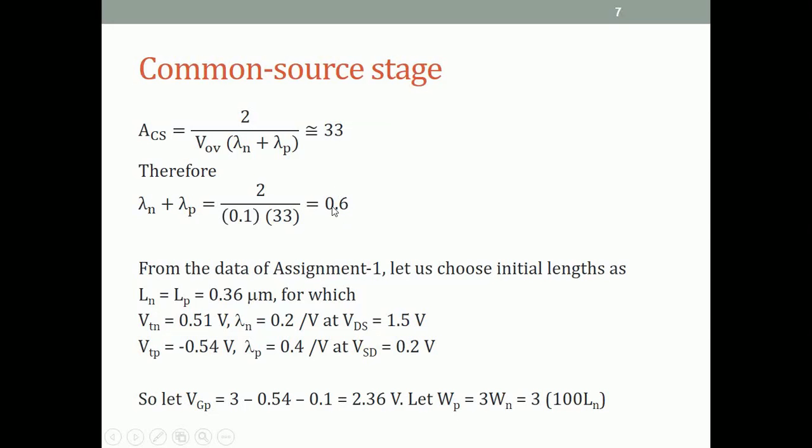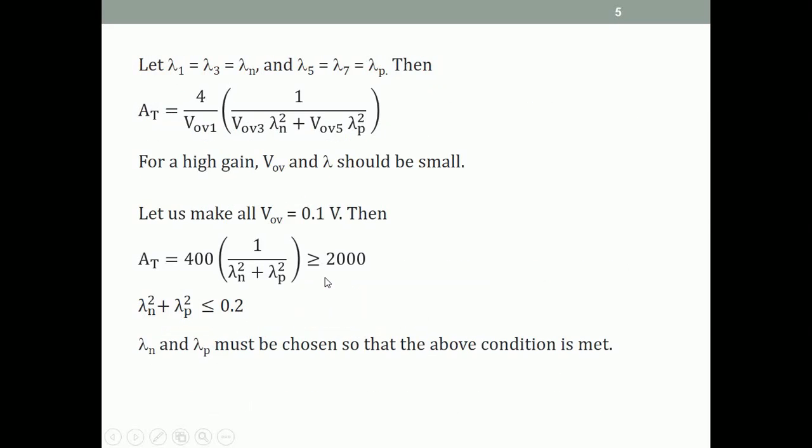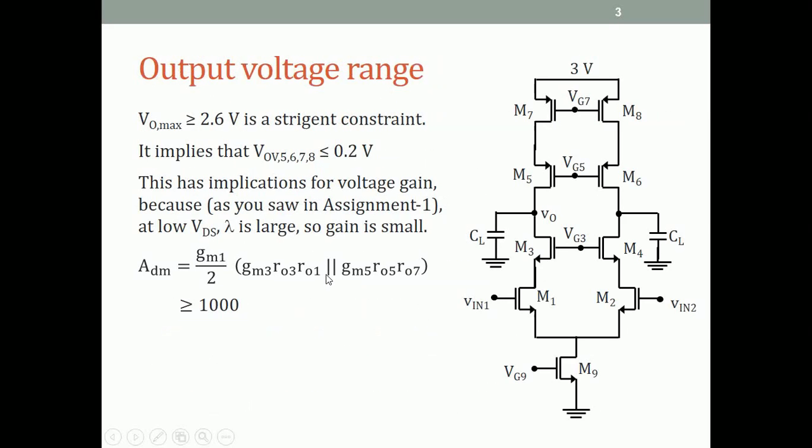Alright. Now again, let us recall our condition that the VDS of the PMOS is only about 0.2 volts. So maybe I should go back. We say that the DC drop across M6, M8 together is 0.4 volts because VO max is 2.6.